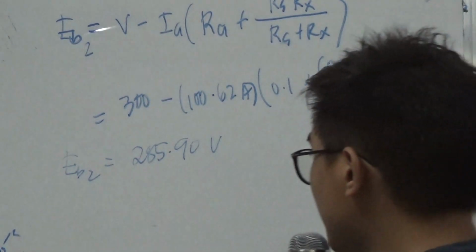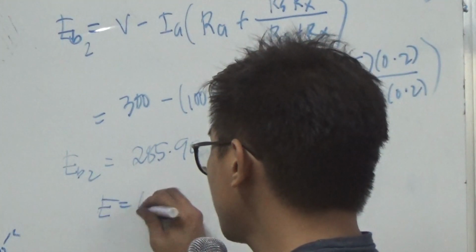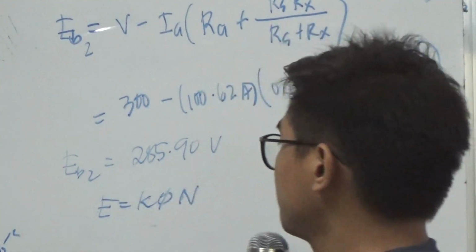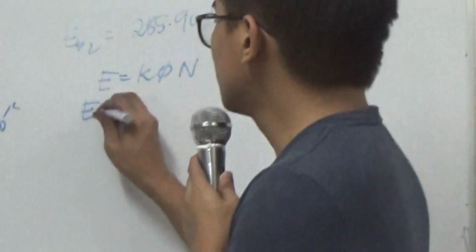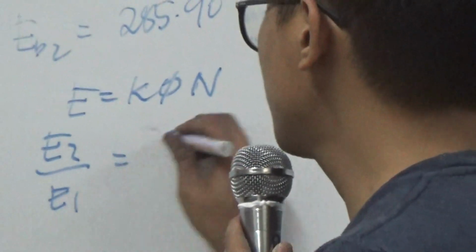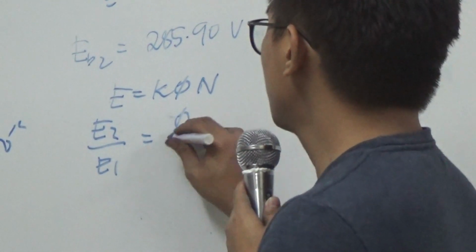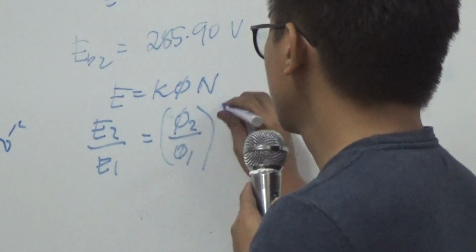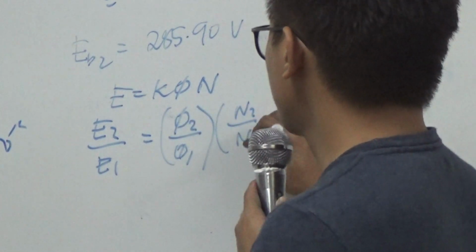Tapos balik tayo doon sa EB. E is equals to K flux N. So E2 over E1 is equals to flux 2 over flux 1 and N2 over N1.